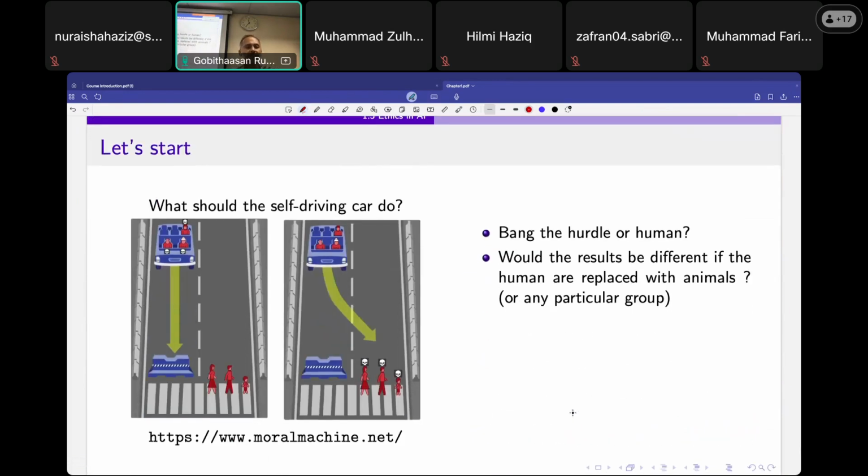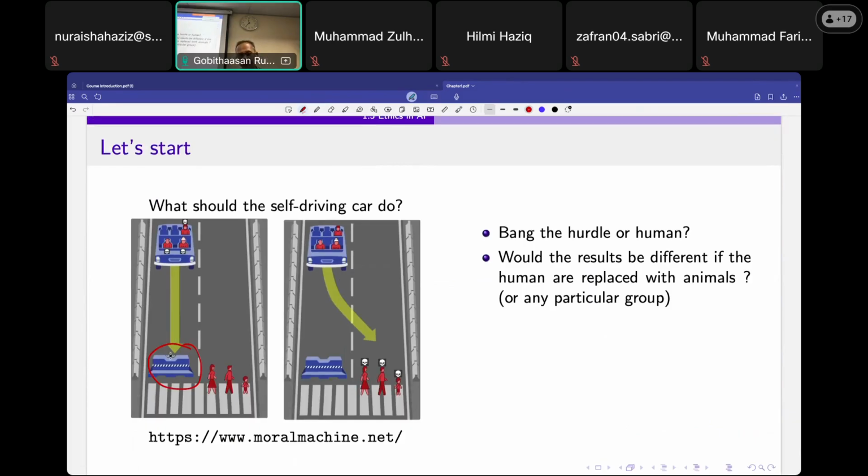Okay, the first example. Now you have told the machine to drive the car in such a way as to avoid hurdles. This is a hurdle, right? So the car is going to avoid the hurdle. Unfortunately, we have people crossing the road.